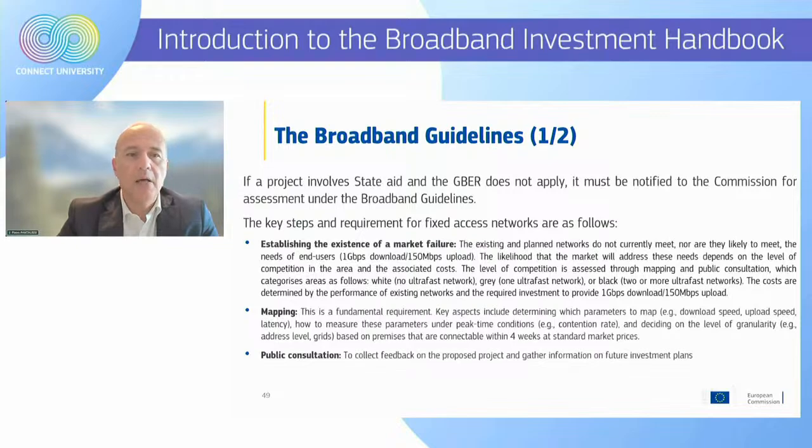This is why one of the assessments that we do is what kind of networks are present in black areas and what is the gap in terms of the cost that is needed. To make it simple, if there are 2 networks already providing 100 megabit, but based on old technology and the investment will be substantial, there may be a need for public money in order to make this network, or at least one of them, evolve toward providing 1 gigabit.